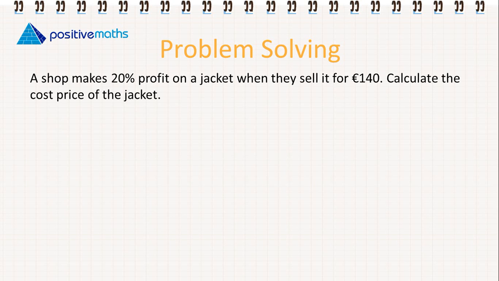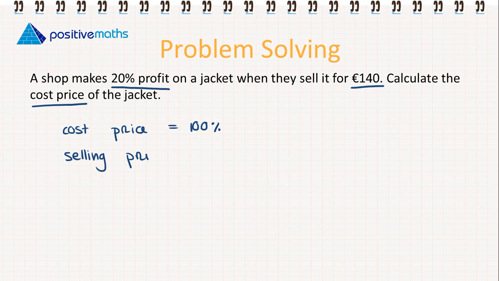Next problem. A shop makes 20% profit on a jacket when they sell it for €140. Calculate the cost price of the jacket. Okay, so we're going to say our cost price is equal to 100%. Our selling price then is equal to 120%, because they make 20% profit.